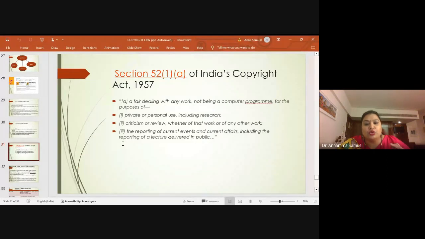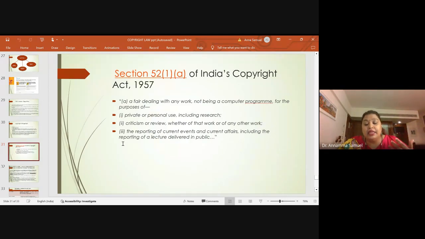Section 52 talks about the fair dealing provisions. So every copying without the authorized permission is an infringement. But there are certain provisions given under copyright, which say that if you fairly deal with the copyrighted work, then it may not come under the infringement clause. For example, if I'm using any kind of work for personal use, including research, if I'm using any literary work for criticism or review purposes, or if I'm using any copyrighted work for reporting current events or current affairs.